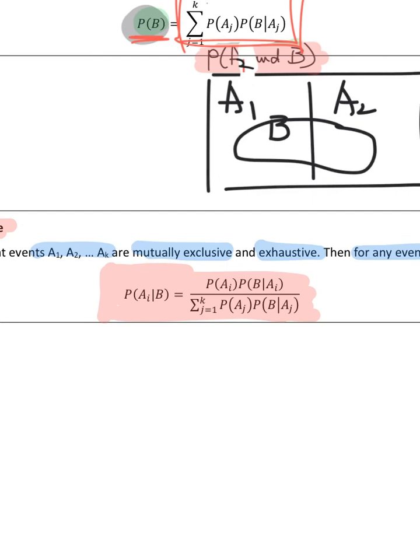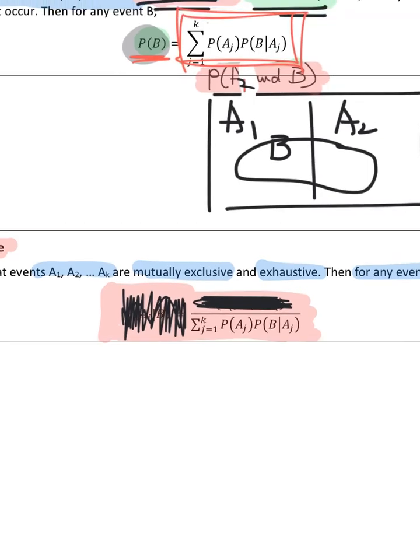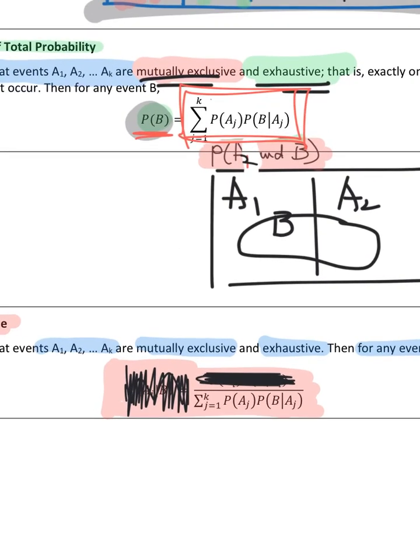Let me delete something, it is too much. It's almost everything, except the denominator. Have you ever seen the denominator before? Let me make the screen. It looks like this. What do you think?